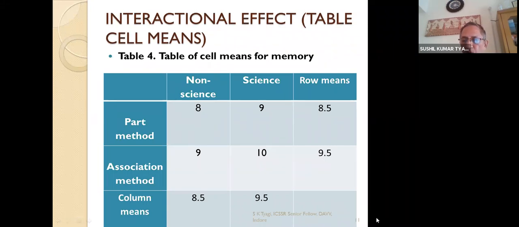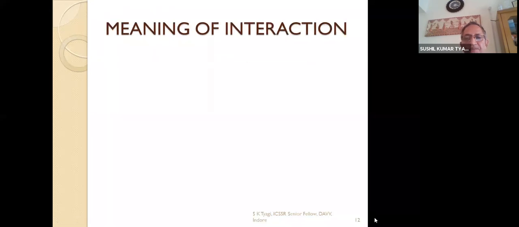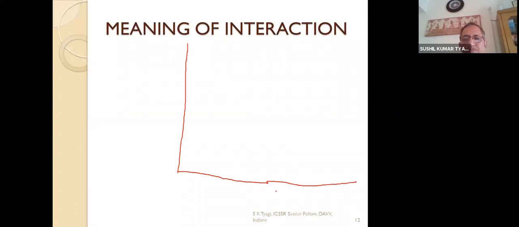So how do we go about it? Let us see. I take a pen in my hand. As you know, in a graph there are two axes, the y-axis and the x-axis. On the x-axis, we take one of the variables.